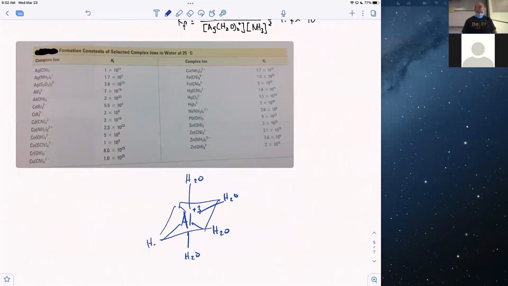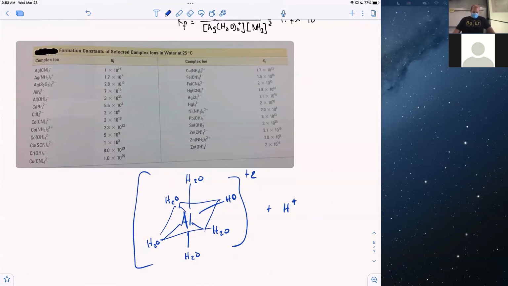I've mentioned this before. The aluminum, this whole thing, I should connect it to the O, this whole thing becomes a +2 ion, and then a hydrogen ion pops off.